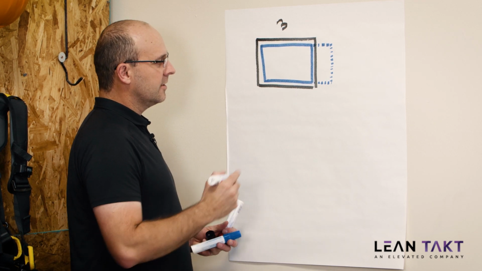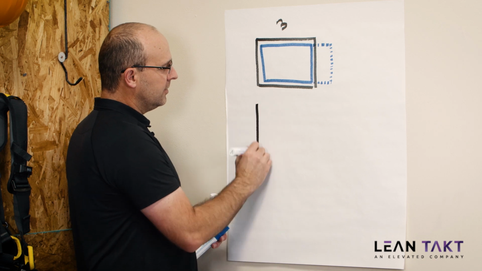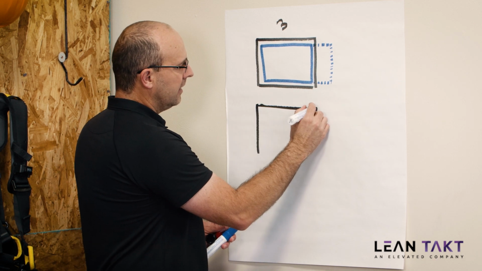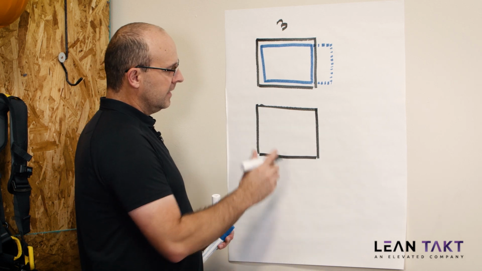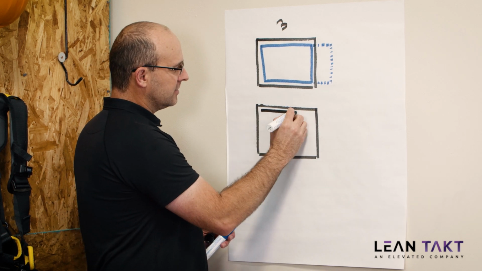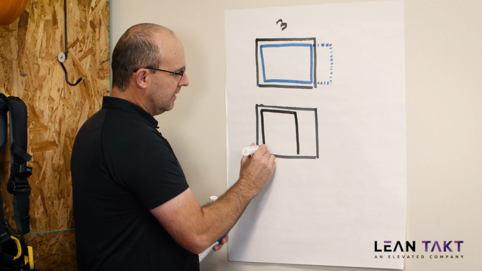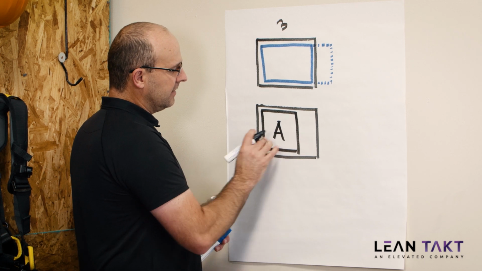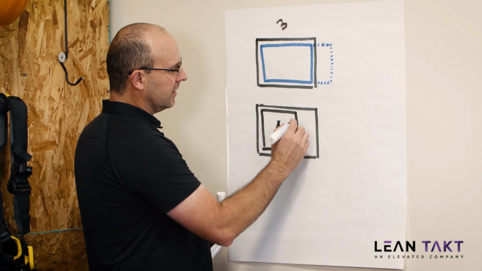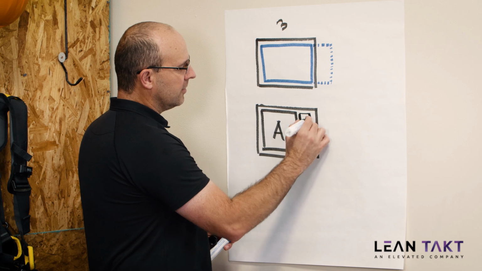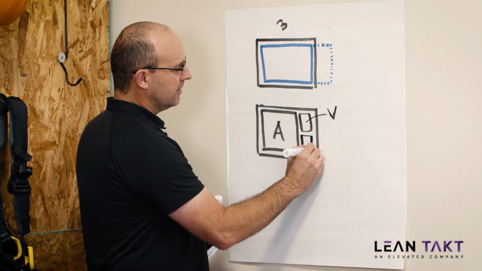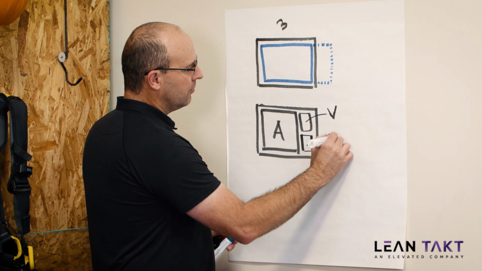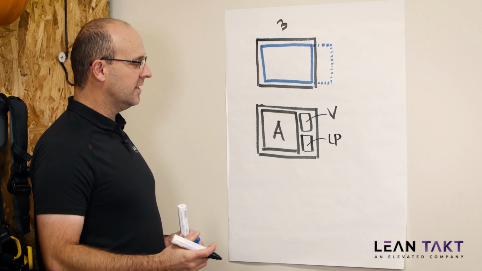That's why I always talk about this relationship, that when you have an activity duration for a crew, your activity duration actually is right here. It needs to be a portion of the overall time, because you are going to also experience variation, which I'll symbolize with a V, and you're going to experience low productivity, especially if you have new people.